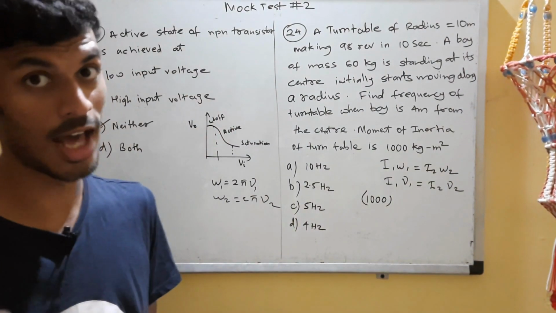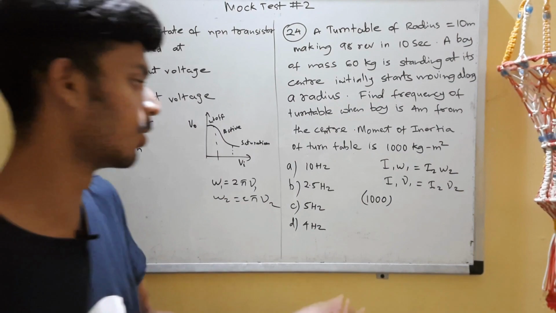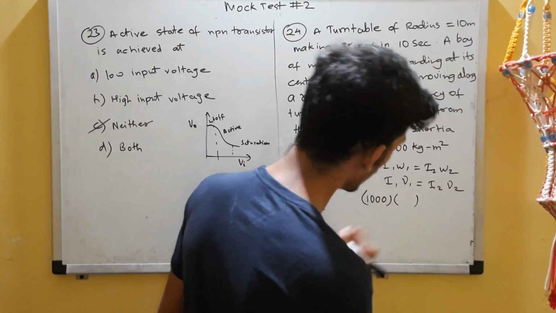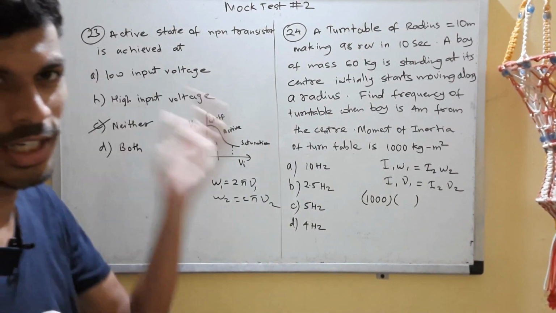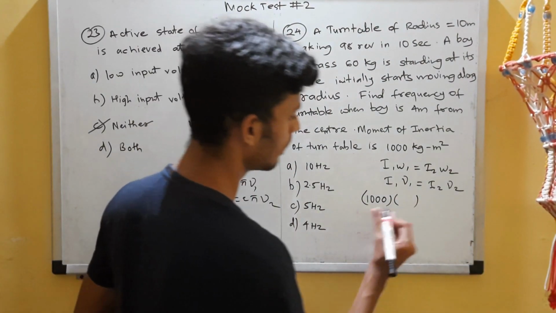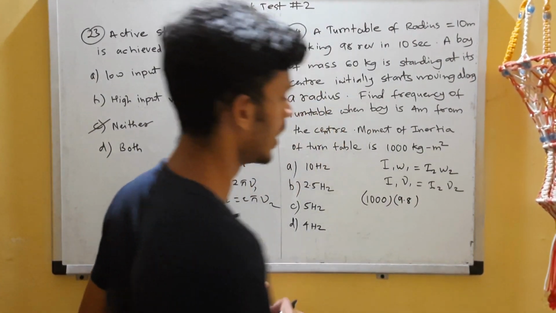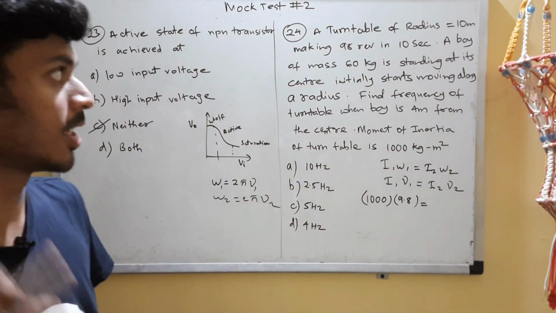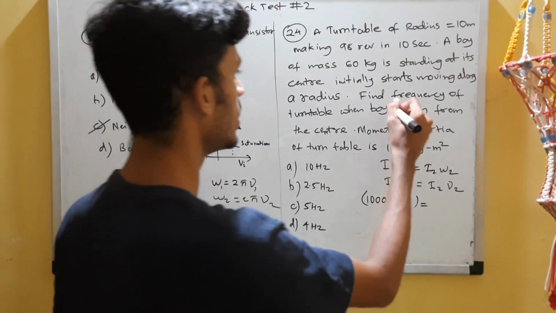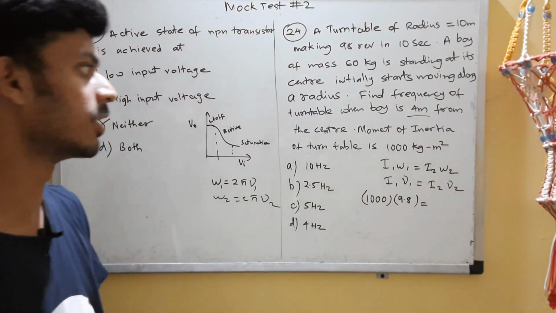On the axis r is 0, mr square is 0. So nu 1, the frequency earlier, 98 revolutions in 10 seconds, so 98 by 10, 9.8 revolutions per second. I2 now is the moment of inertia when the boy finally reaches 4 meters from the center.